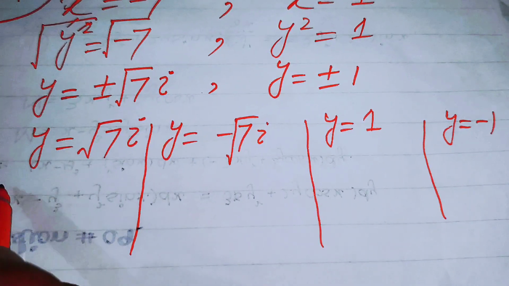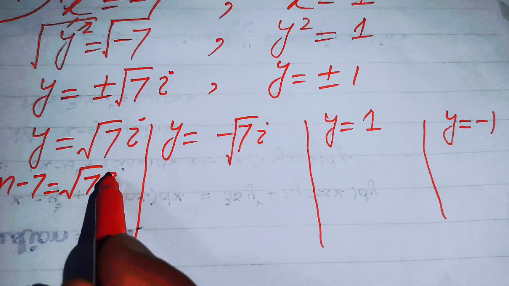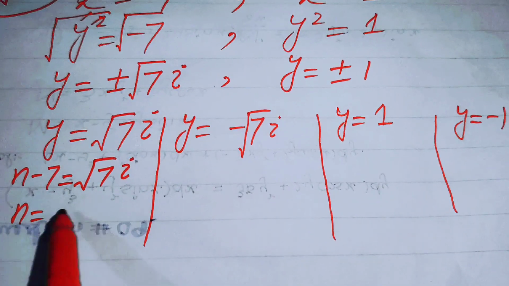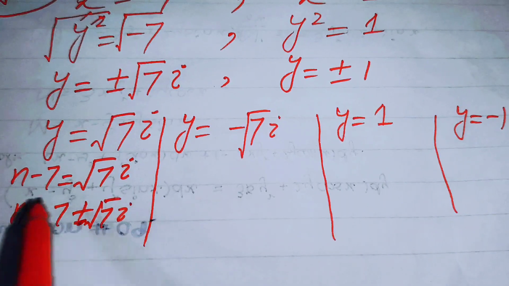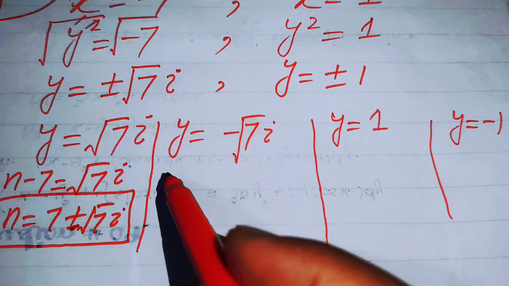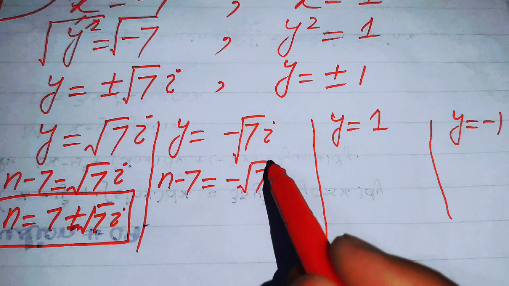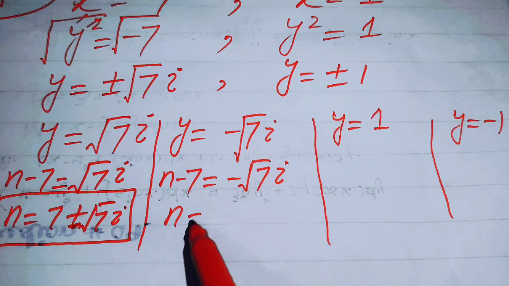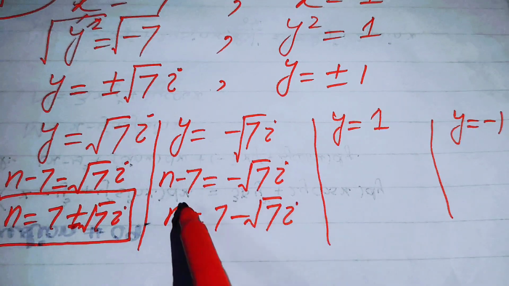So when we put n minus 7 is equal to square root of 7 iota, you will get here n is equal to 7 plus square root of 7 iota. So this is the first root of this equation. Similarly, when we put n minus 7 is equal to minus square root of 7 iota, you get n is equal to 7 minus square root of 7 iota.